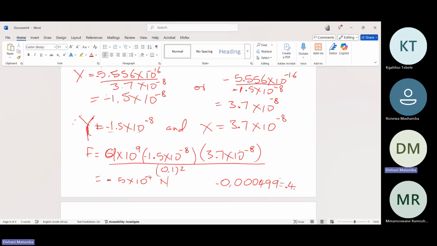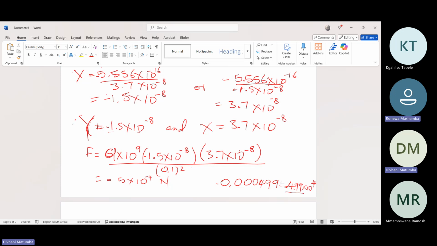Okay, so if we are writing it in scientific terms, what will it be? Maybe negative 4 times 10 to the power... Is it 10 to the power 3? No, -4.